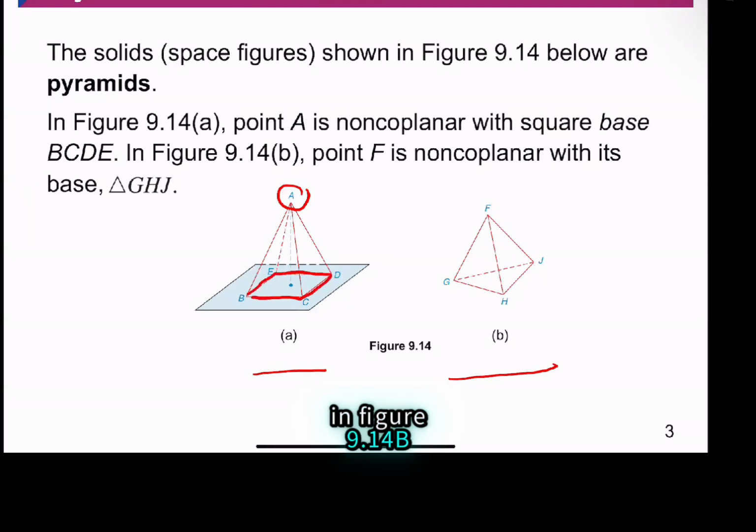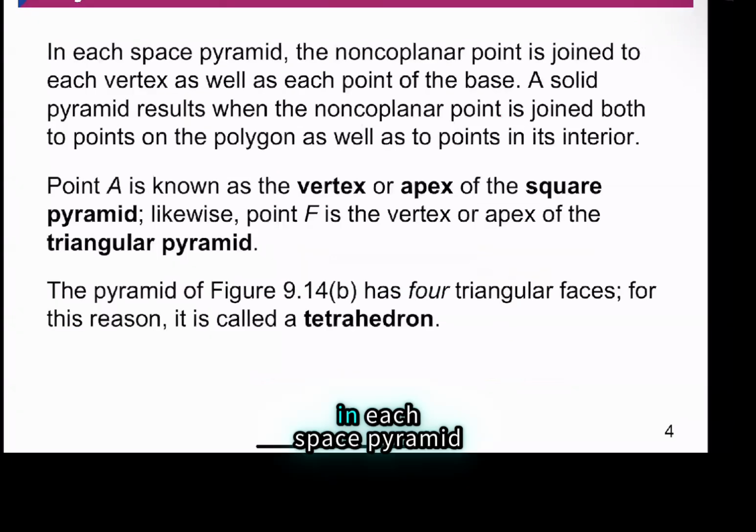In figure 9.14b, the point F is non-coplanar with its base GHJ. In each space pyramid, the non-coplanar point is joined to each vertex as well as each point of the base.